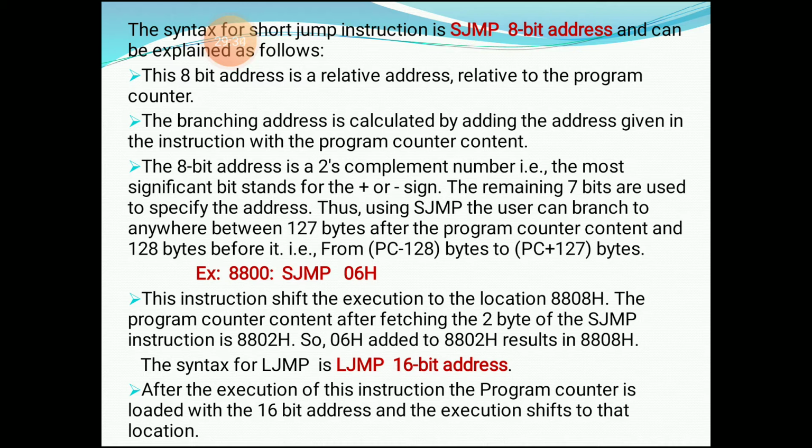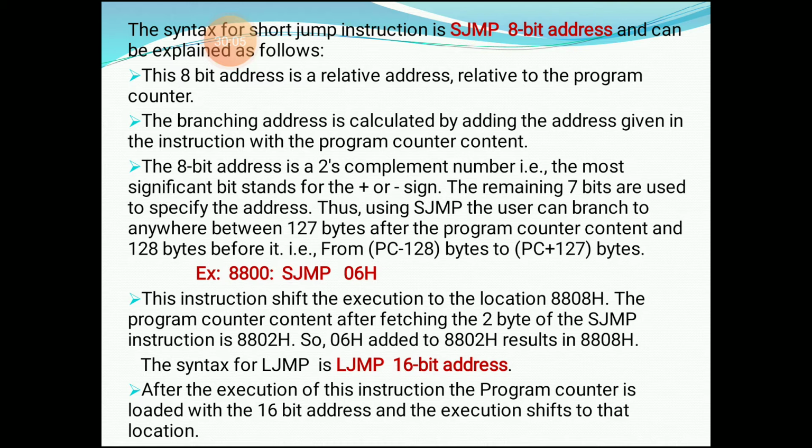The 8-bit address is a 2's complement number, that is, the most significant bit stands for the positive or negative sign. The remaining 7 bits are used to specify the address. Thus, using SJMP, the user can jump or branch anywhere between 127 bytes after the program counter content or 128 bytes before it, that is, from PC minus 128 bytes to PC plus 127 bytes.